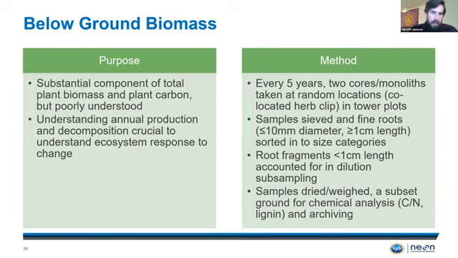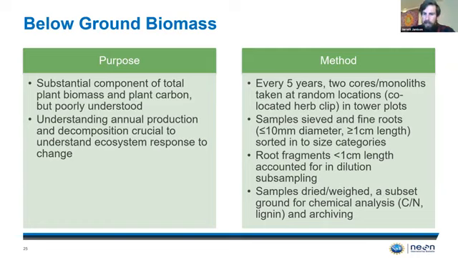For this protocol, we sample every 5 years, taking 2 cores or monoliths at random locations in tower plots, which are co-located with our herbaceous clip for that sampling year. Our samples are then sieved and fine roots are sorted into size categories.